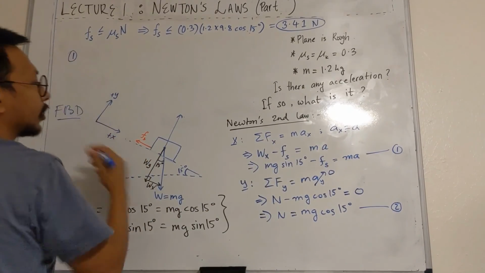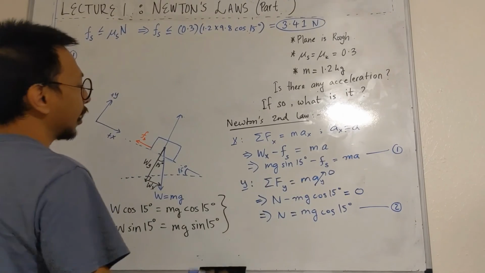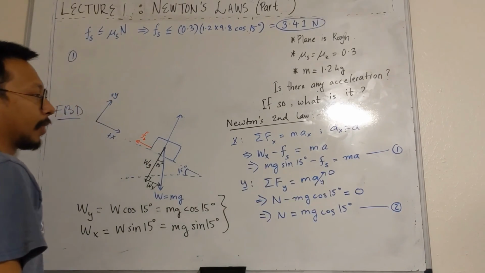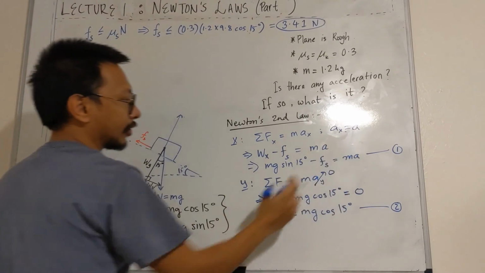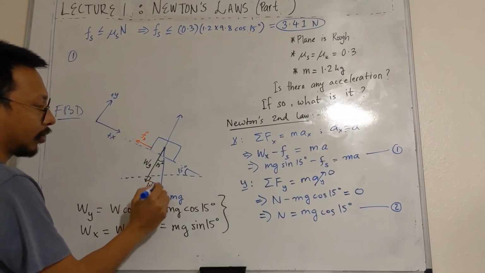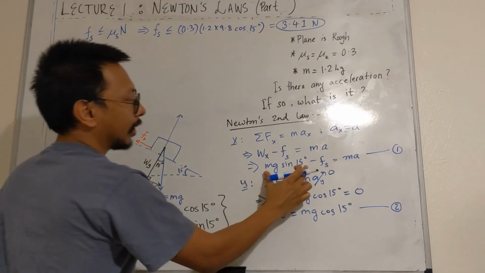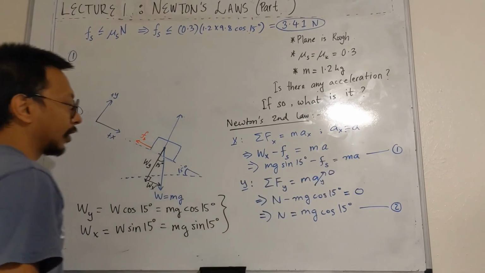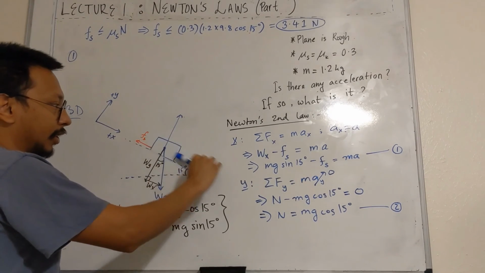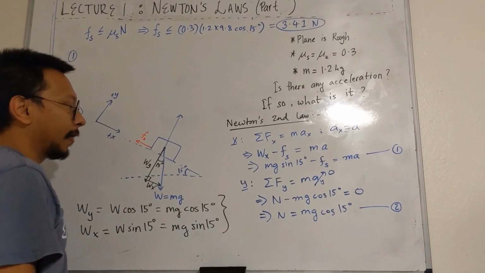What do we have in equation 1? In the left hand side we have mg sine 15 minus fs. There will only be an acceleration if this force, that is the x component of the weight, exceeds friction, in that the book starts sliding down along the plane. Why?